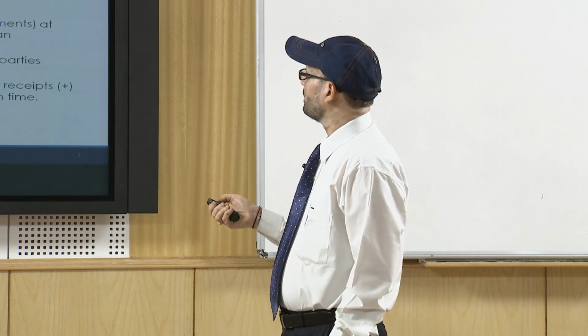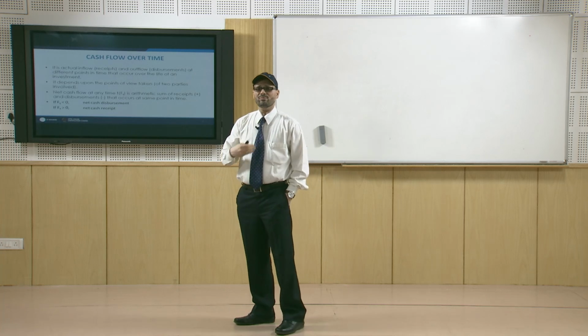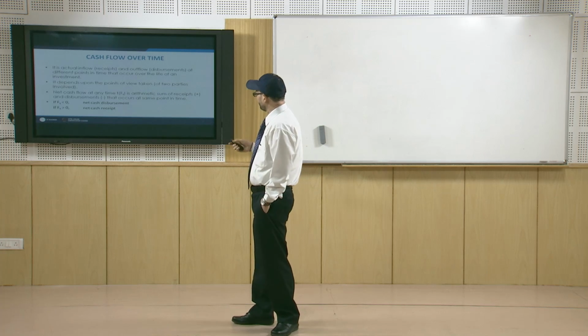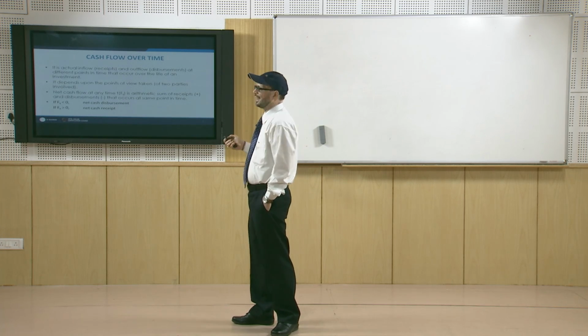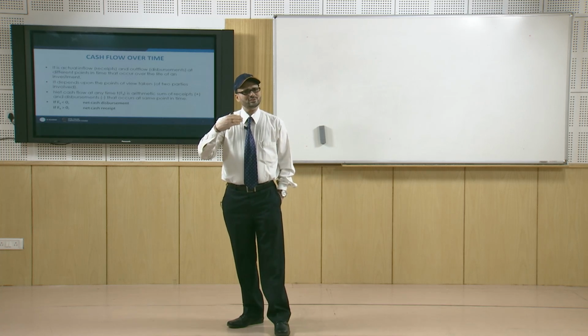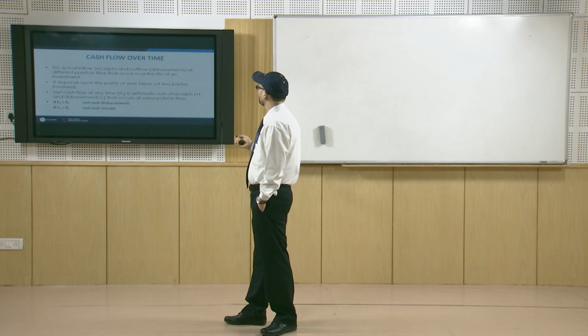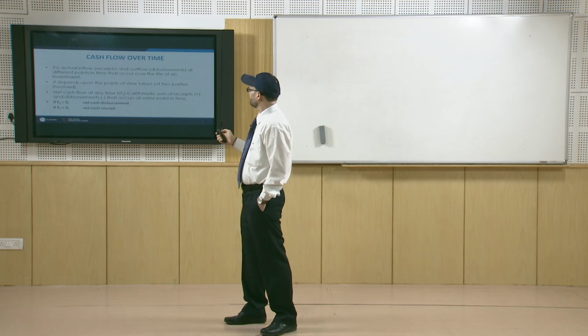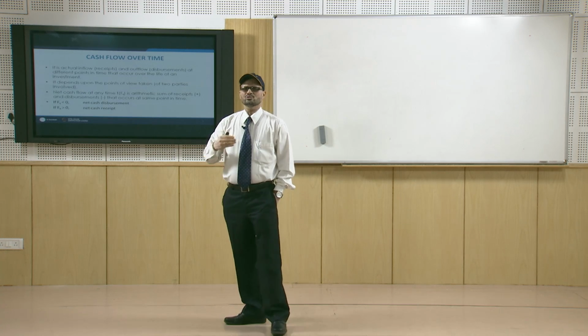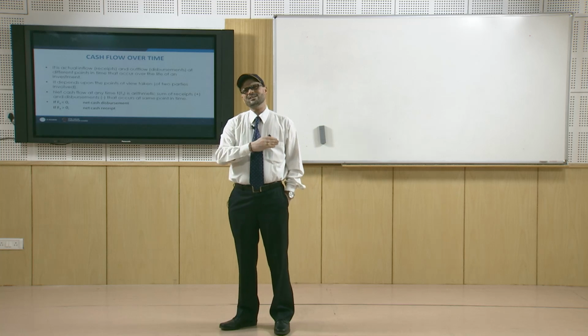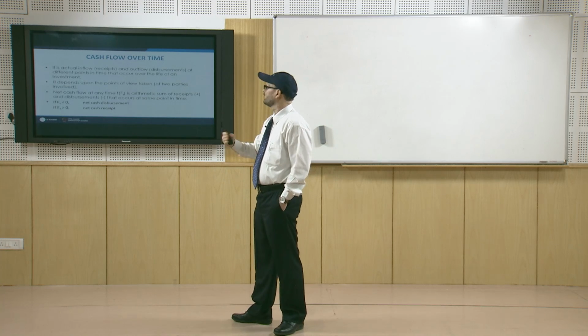When the money is coming, there is inflow of money, that is known as receipt, and similarly at whichever time you are giving the amount to someone, that is known as a disbursement, and this is known as cash flow. So, cash is basically flowing, either coming in or going out.